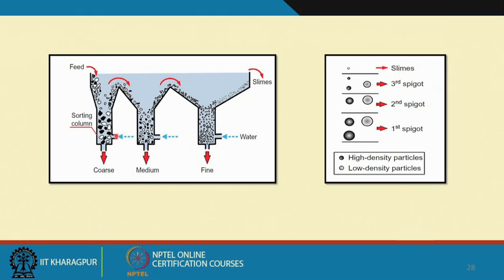That is why I cautioned you that when using a settling velocity model, I must know its accuracy, because any inaccuracy in the predicted value will cause inaccuracy in the design, and your separation may not be precise. Even you can design this type of sorting column if you know the settling velocity of these particles.